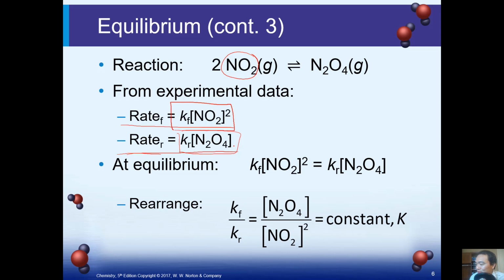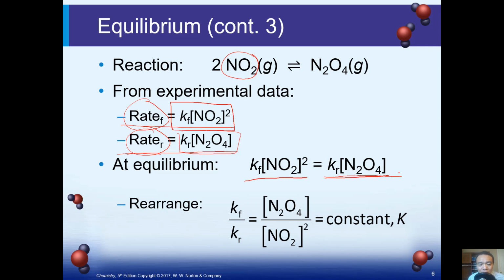One key feature, though, is that when this reaction reaches equilibrium, the forward reaction and the reverse reaction will have exactly the same rate. So the forward rate and the reverse rate will be the same. In other words, we can write an equation as you see over here: Kf times [NO2] squared equals Kr times the concentration of [N2O4].